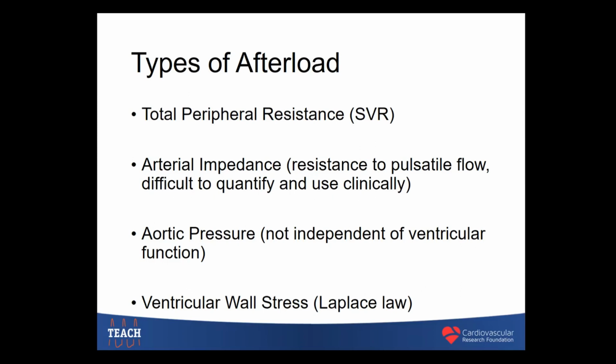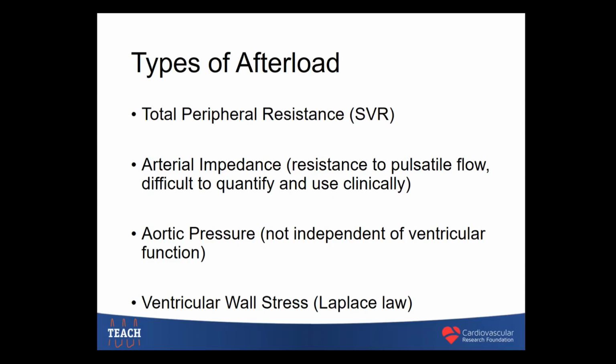The other thing to keep in mind is aortic pressure. Aortic pressure can be a type of afterload too. But the problem with aortic pressure, and why we don't use it when we're talking about afterload, is that aortic pressure is not independent of ventricular function. What that means is you can have two patients that you're treating as inpatients, let's say. They can both have a mean arterial pressure of, let's say, 100, and blood pressures of 140 over 100, let's just say.